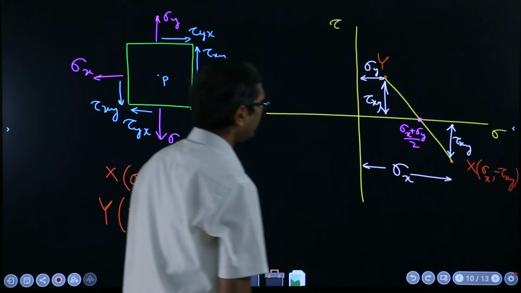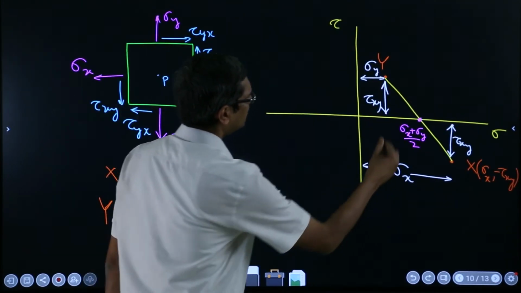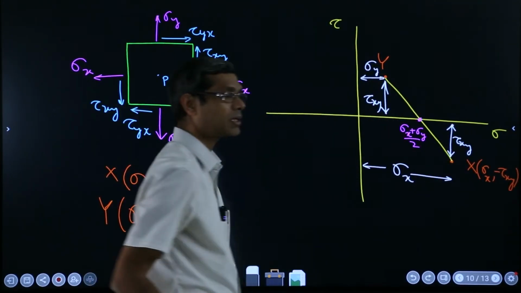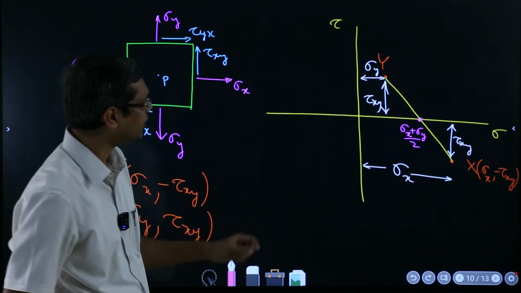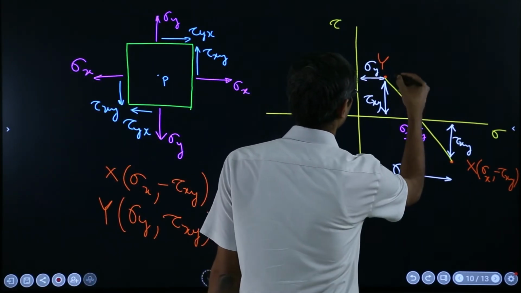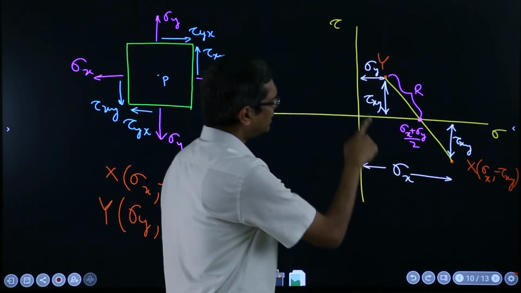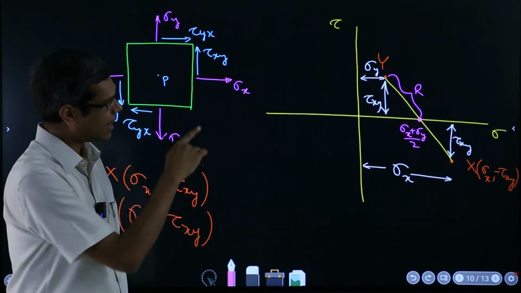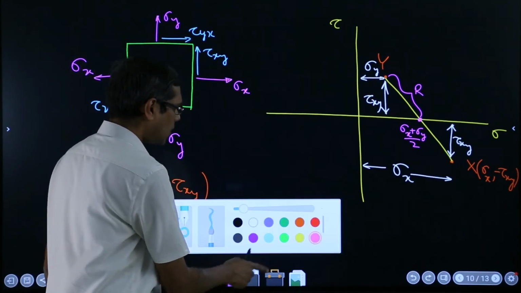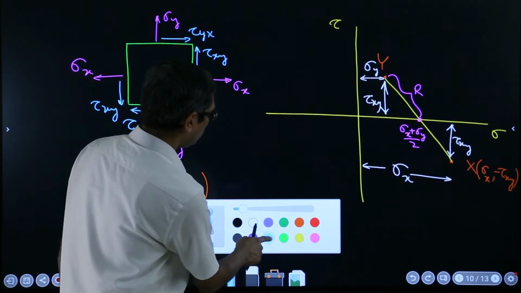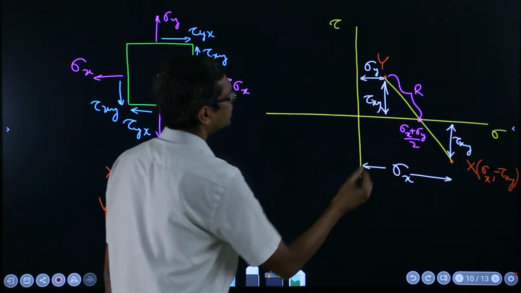These are the two points which must lie on the circle. That means we have also got the radius of the circle. With that radius and that center, now you can draw the circle.